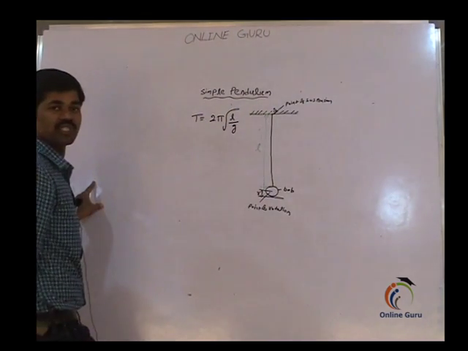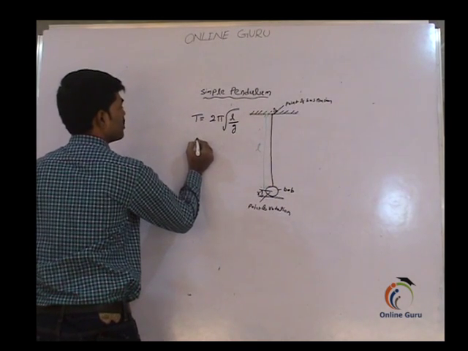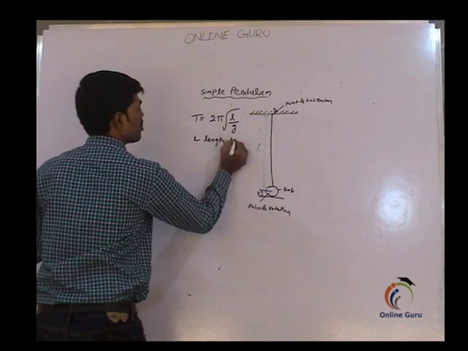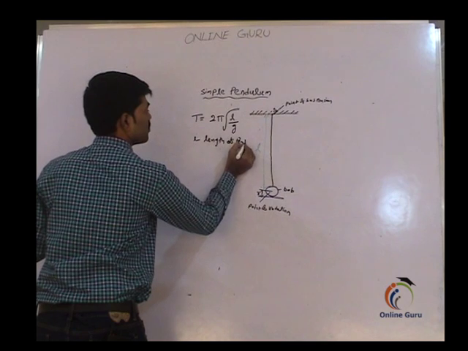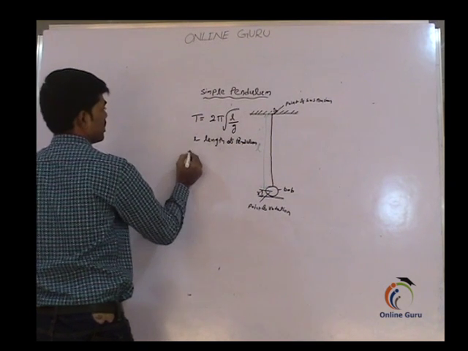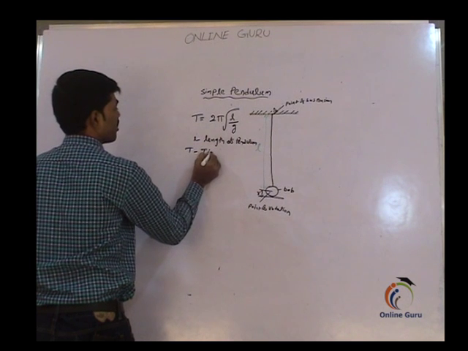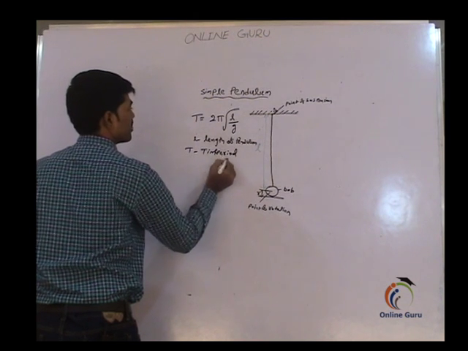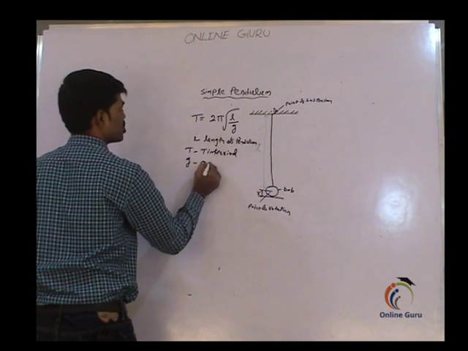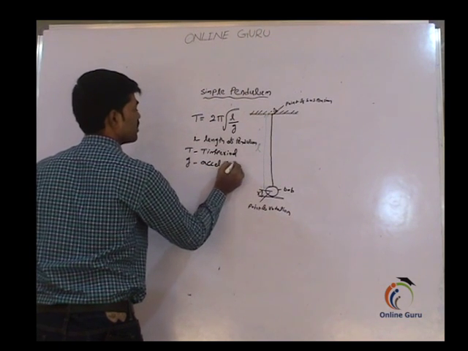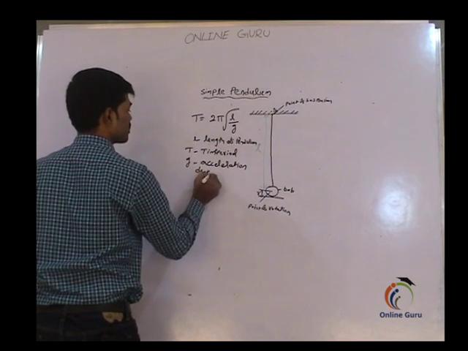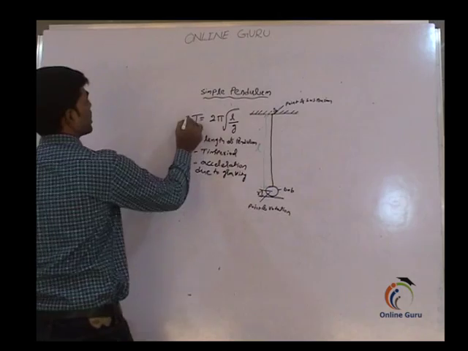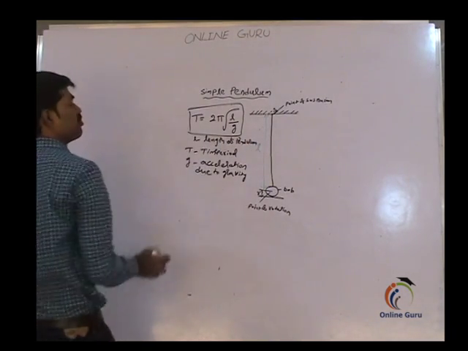This is the expression for the time period of the pendulum, where L is the length of the pendulum, T is the time period of the pendulum, and g is the acceleration due to gravity.